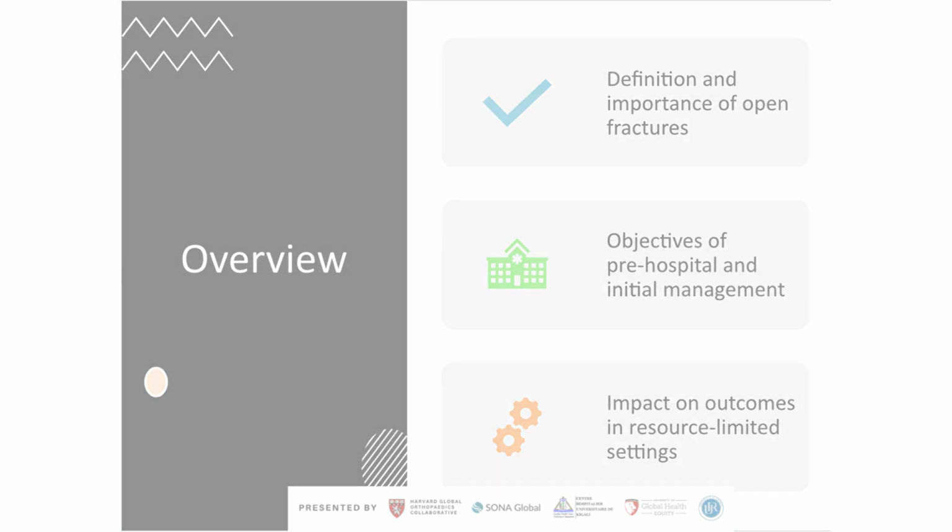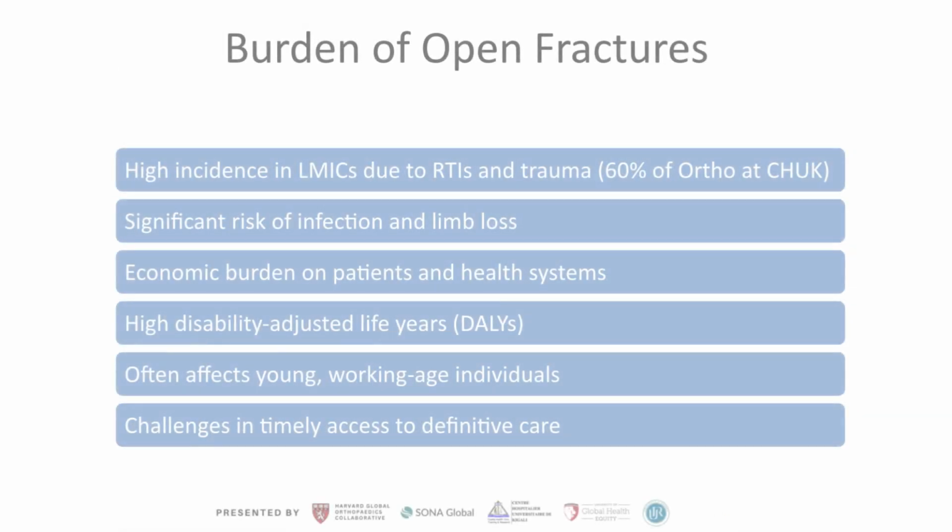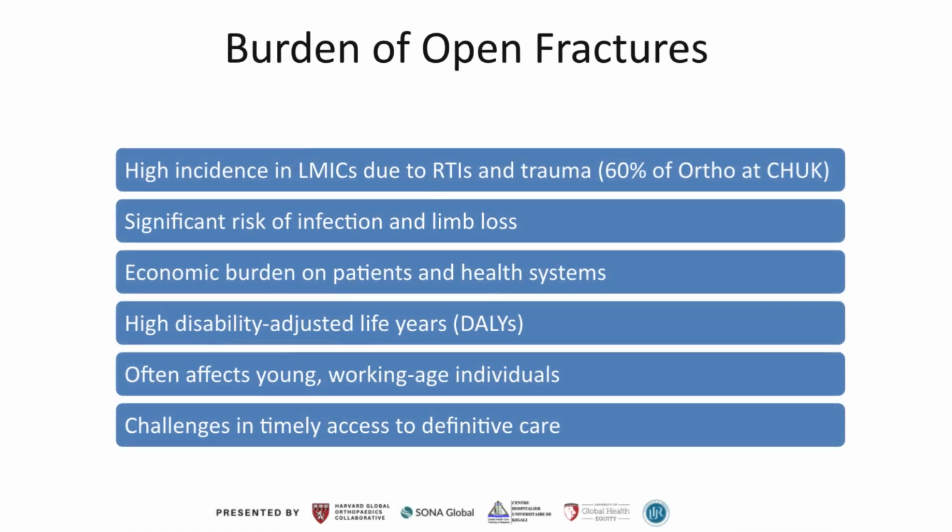The burden has also been talked about, but the high incidence of road traffic injuries that we are having is very crucial. When you go into our wards here in this hospital, more than 60% of the patients you will see have open fractures, and the complications: infection, limb loss, but also a high level of disability, and most of them are really very young.